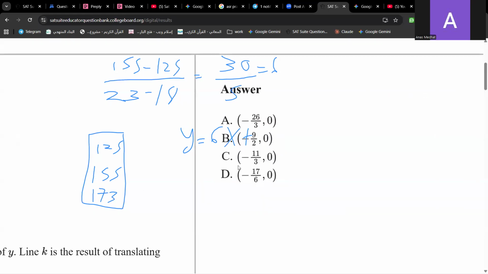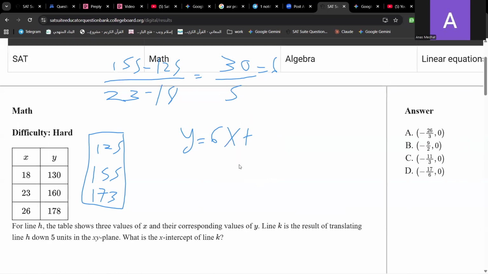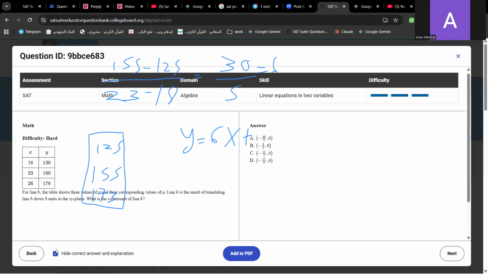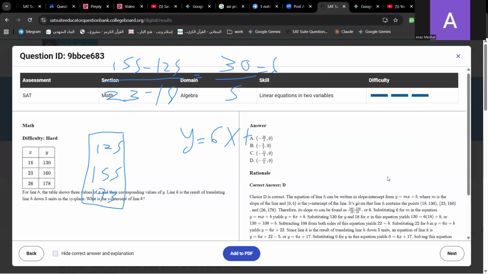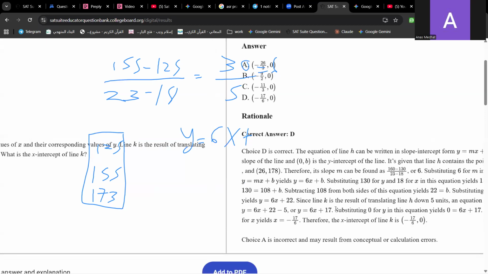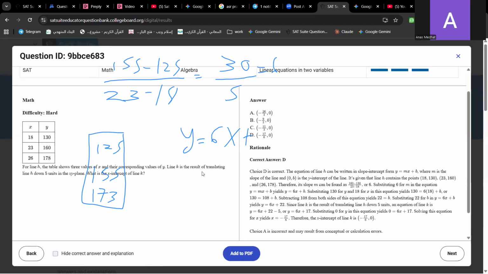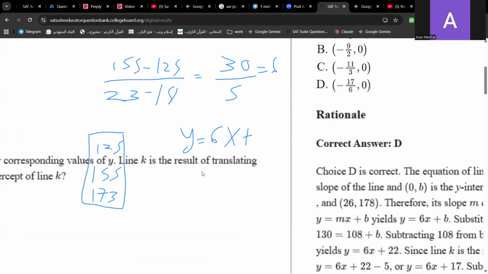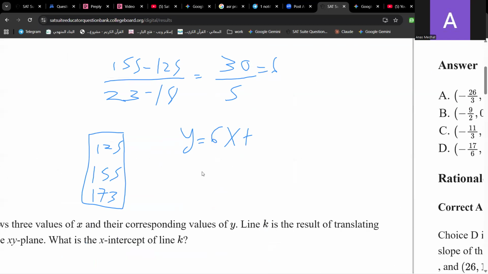I did something wrong. Wait. 13 over 6. Did something wrong. B is 17, not 13. Did something wrong in the calculations?